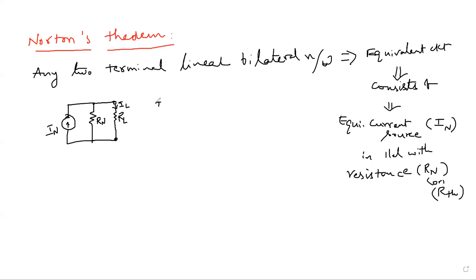So how can we calculate IL? The total current given in the circuit is from the current source, that is Norton's current IN, and here we have two parallel branch resistances. Now they are asking for the current passing through one branch out of the two parallel branches. So shall we apply the current division rule? What is the current division rule?